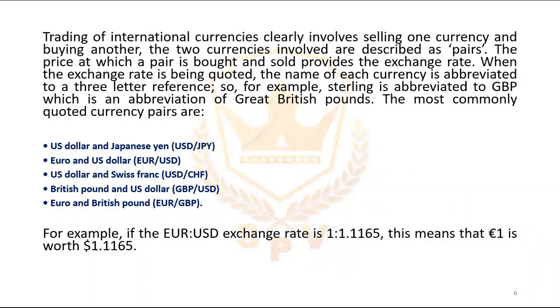In other words, £1, $1, €1. So when the exchange rate of Euro USD is quoted as 1.1165, that means €1 is worth $1.1165. That means the euro has a higher price than the dollar.